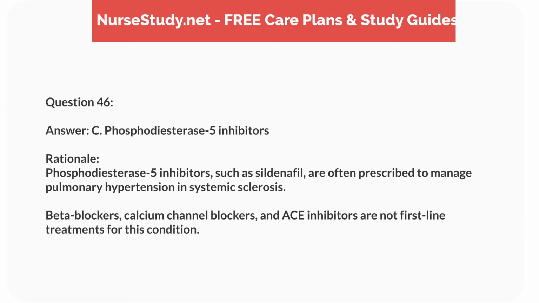Answer: C. Phosphodiesterase 5 inhibitors. Rationale: phosphodiesterase 5 inhibitors, such as sildenafil, are often prescribed to manage pulmonary hypertension in systemic sclerosis. Beta blockers, calcium channel blockers, and ACE inhibitors are not first-line treatments for this condition.